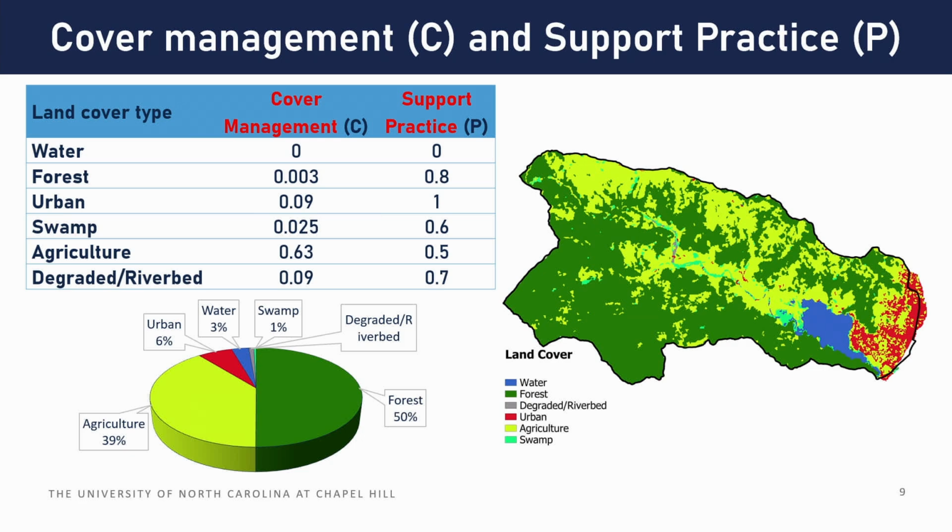And the support practice factor is the ratio of erosion from a field with a particular soil conservation measure to the field that has no soil conservation practice. So the C factor and P factor depend on the land use type, and their value ranges from 0 to 1, and the higher value represents higher susceptibility to erosion.